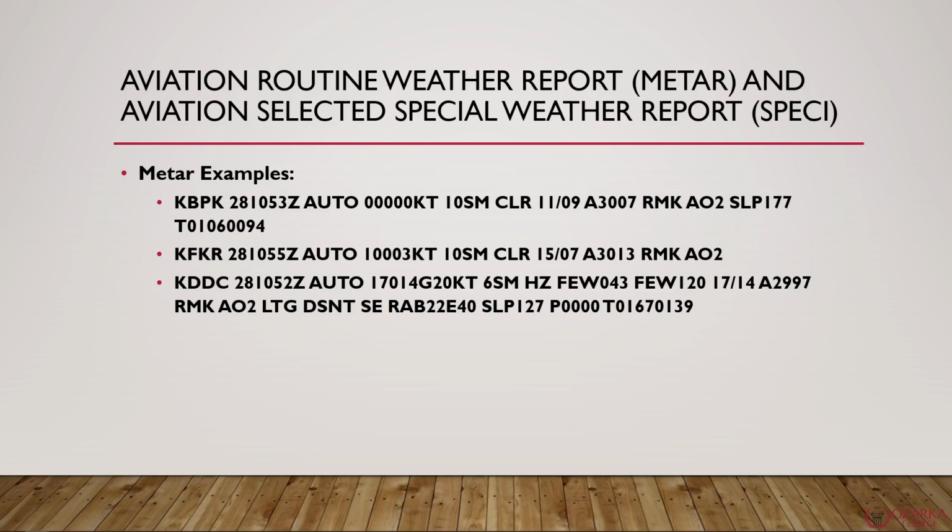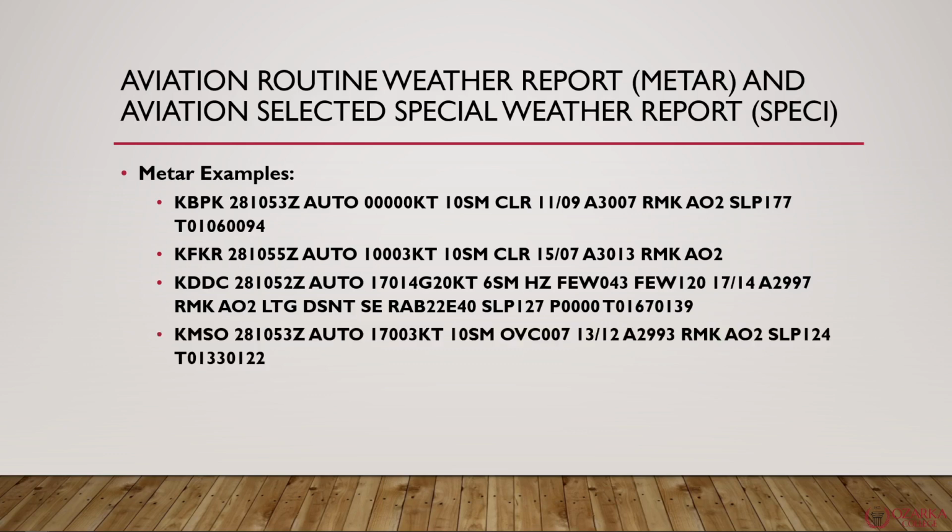The sea level pressure is 1,012.7 hectopascals. Precipitation amount, that P, that's how much precipitation has fallen, 0. The actual temperature is 16.7 degrees Celsius, and the actual dew point is 13.9 degrees Celsius.